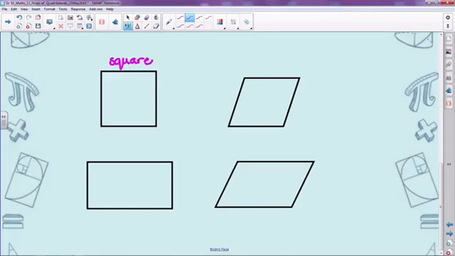Now, if I squash the square, the lengths are going to stay the same, but the angles will change. So this was 90 degrees, but now, who knows, it could be 110 degrees. If that's 110, that means that this is 70.